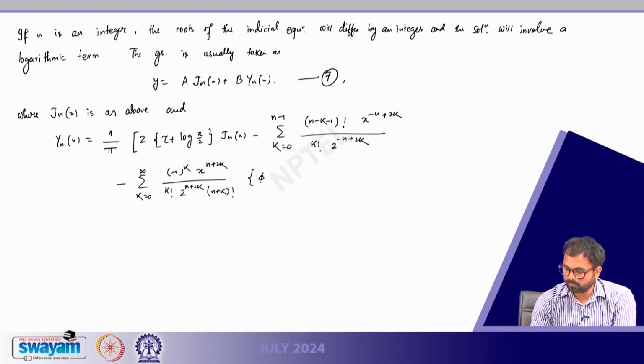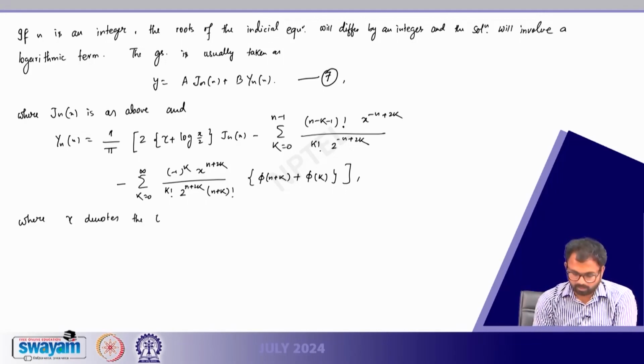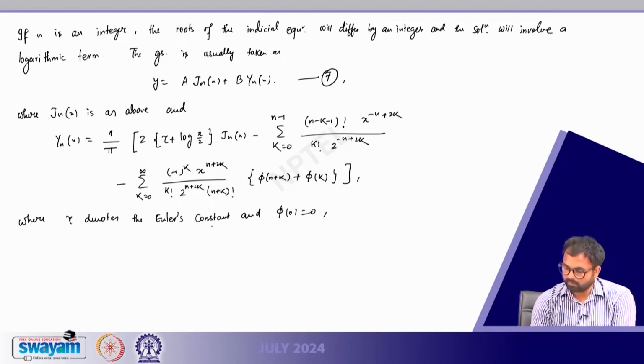where gamma denotes the Euler's constant and phi(0) equals 0 and phi(k) is equal to 1 + 1/2 + 1/3 + ... + 1/k, where k = 1, 2, 3, and so on.